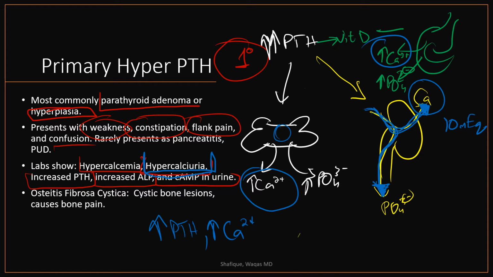So when you have increased PTH with increased calcium in the serum, all of that ionized calcium will be getting filtered, but not all of it is getting reabsorbed. So you end up with increased calcium in the urine, right? And increased PTH is self-explanatory.